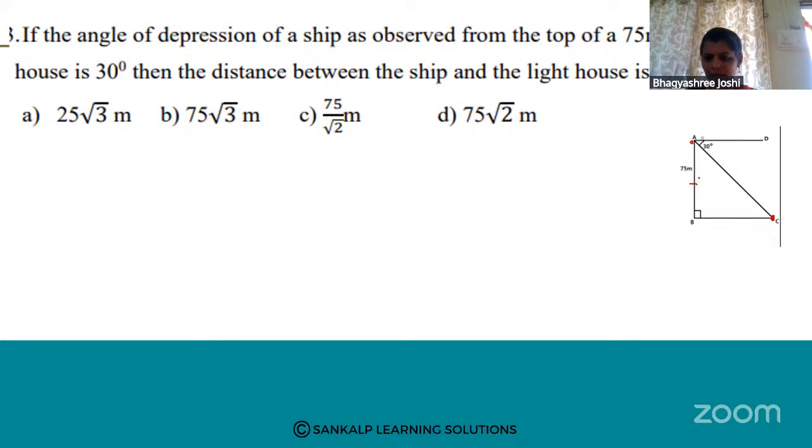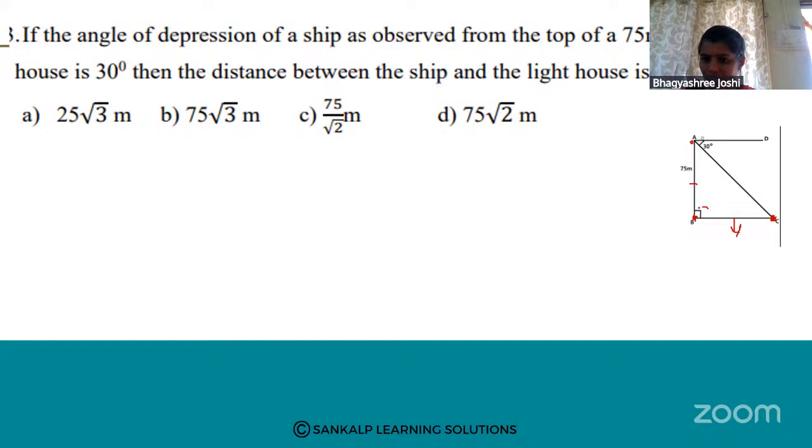Then the distance between the ship and the lighthouse, that means ship is here and lighthouse is here. So we want the BC value. But for that, we need to find out the value of theta first. Then only we can find out opposite side, adjacent side and hypotenuse.